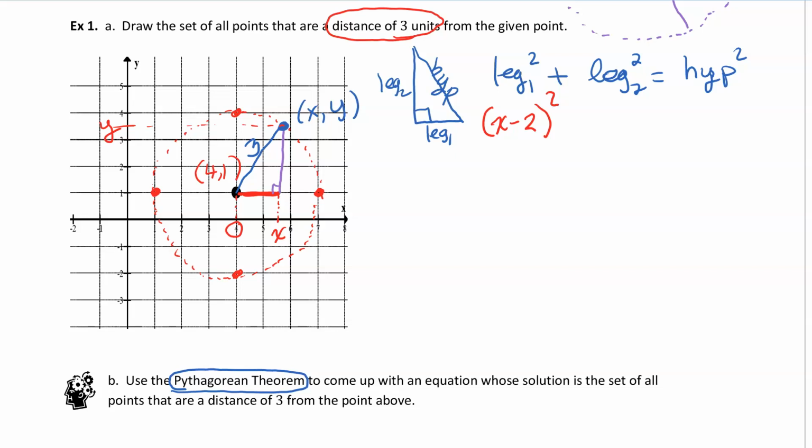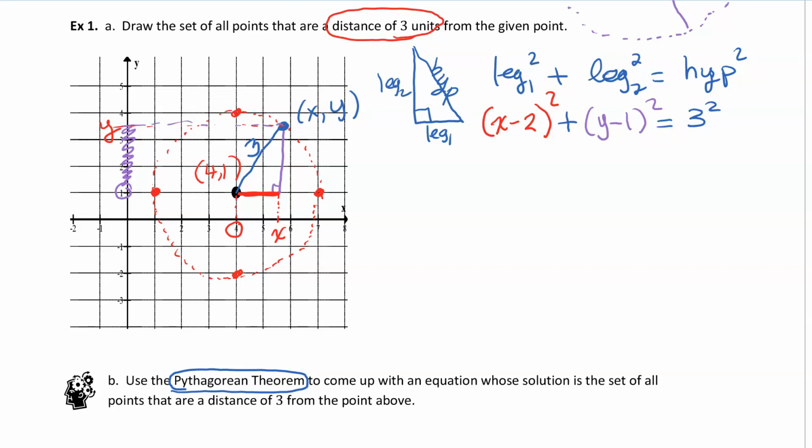Now the purple distance, this is 1, and then this is y. So that purple distance is the distance between here and here. That denotes (y minus 1) squared. So what you have here is (x minus 4) squared plus (y minus 1) squared equals the hypotenuse squared, which is 3 squared.